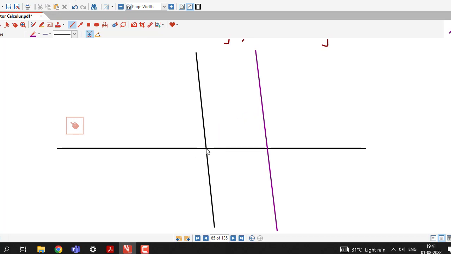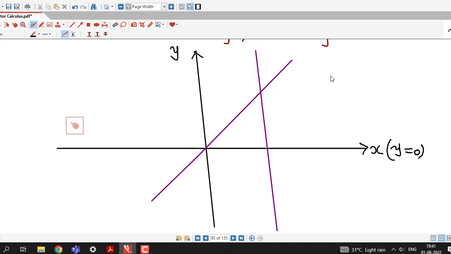We know that y equal to x is the line which is having 45-degree angle with positive x axis. So suppose this is the line y equal to x. This is x axis, y axis. X axis means y equal to 0.